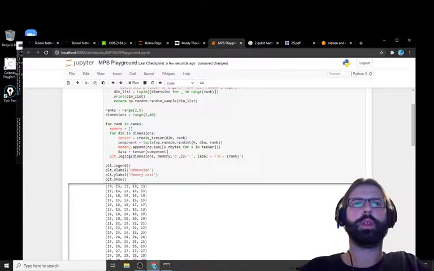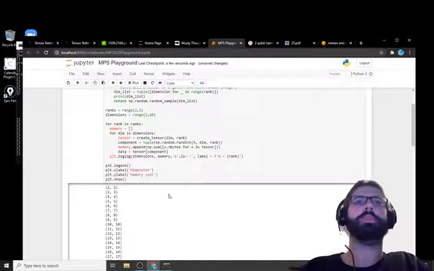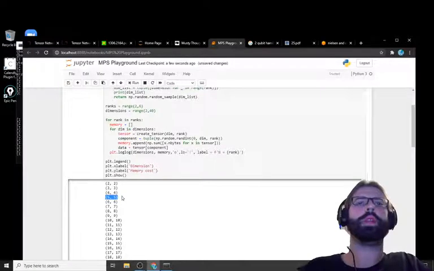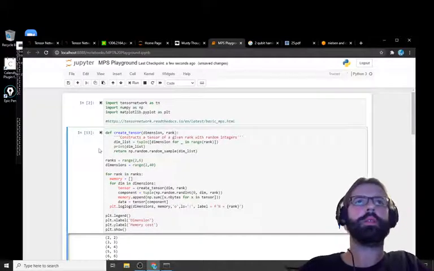So the rank, the dimensions is the P, I guess. So that's rank 2, but then it's the actual dimensions. Okay, I get it. But this is not needed.